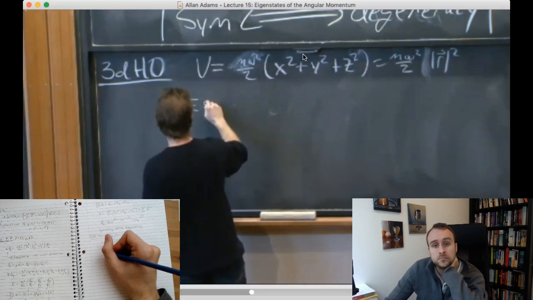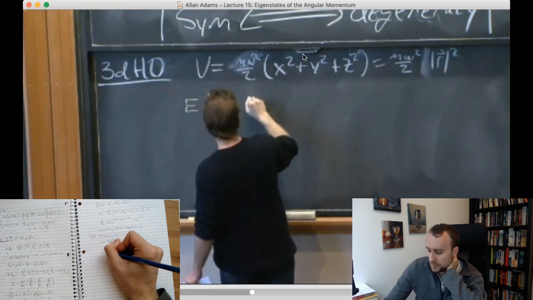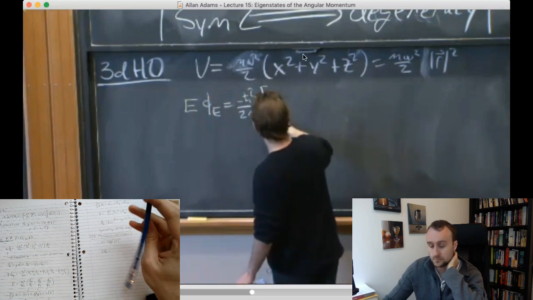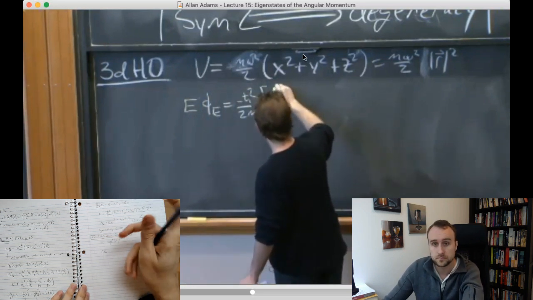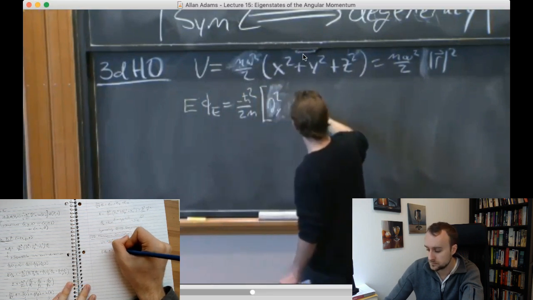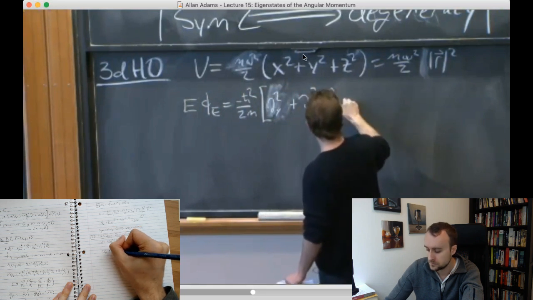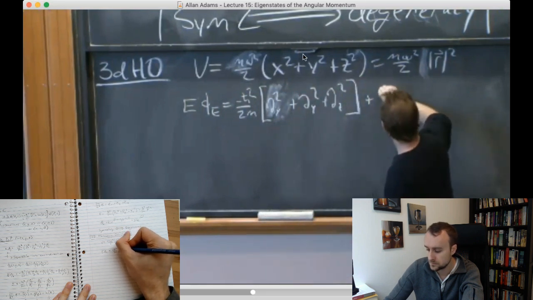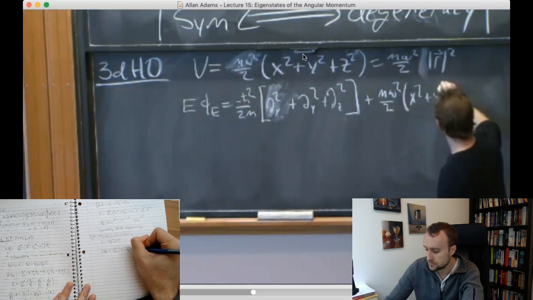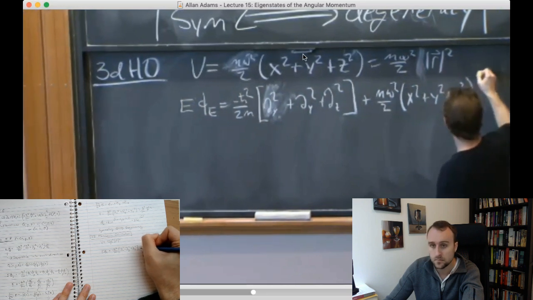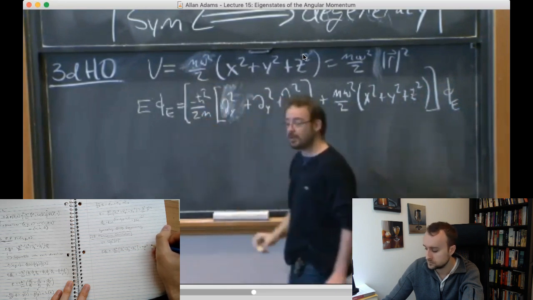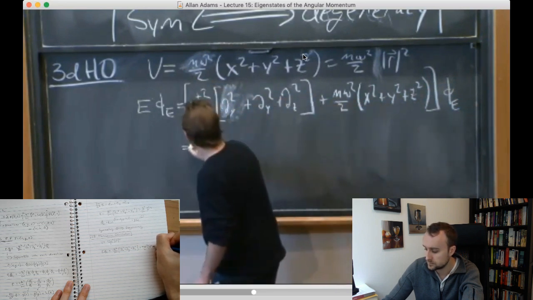Well, we have E phi_E equal to p squared over 2m plus the potential. So here's the energy eigenvalue equation: minus h bar squared over 2m times d_x squared plus d_y squared plus d_z squared, plus m omega squared upon 2 times x squared plus y squared plus z squared, acting on phi_E. But I can put this together in a nice way.